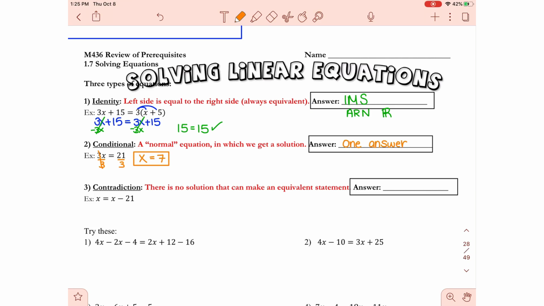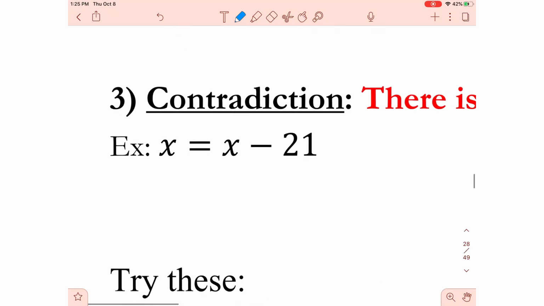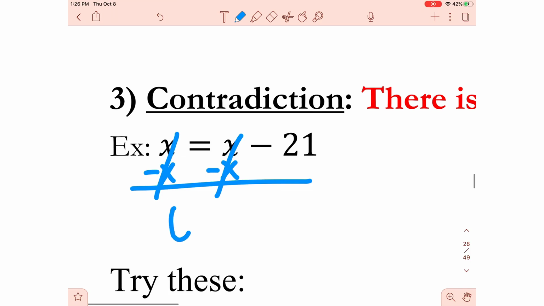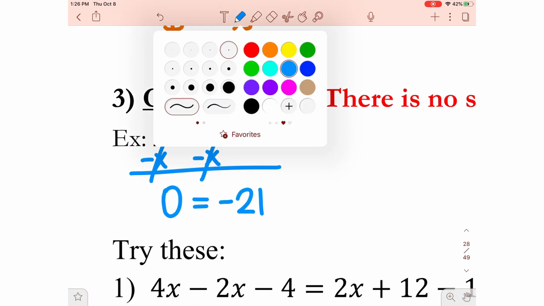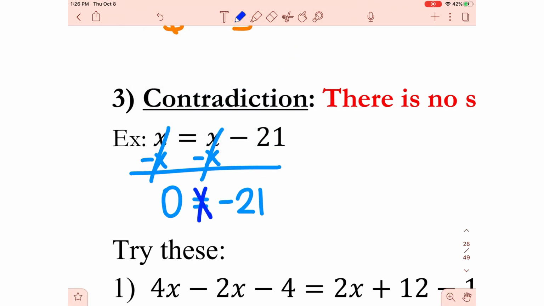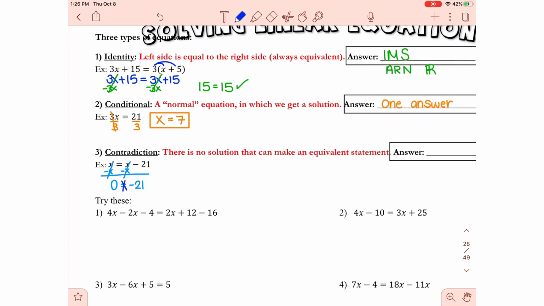And finally, there's a contradiction equation. When we have a contradiction equation, we get a special situation where the variables also all cancel out. But instead of being left with a true statement, a contradiction is when you're left with a false statement. So 0 obviously does not equal negative 21. My variables all canceled out and I got a false statement.